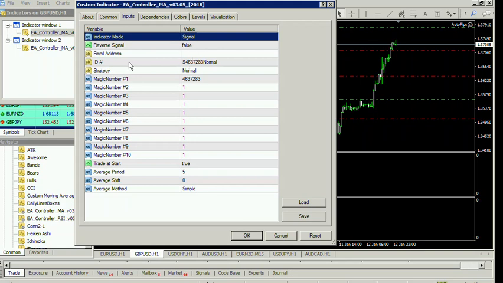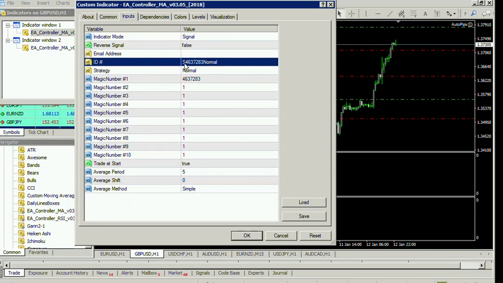I've given this ID the letter S for signal, the 4637283, which is the magic number, and the word normal. So that is my ID that I'll have to use in the trade manager so that the controller can be linked to the trade manager. For information, I've added normal as the strategy, and we're monitoring the EA with the magic number 4637283.